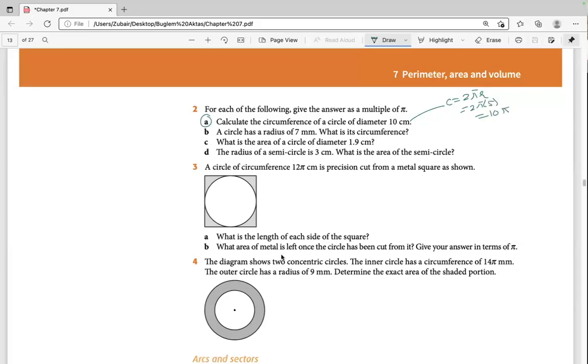So 10 pi. Correct. B part says a circle has radius 7 millimeters. What is its circumference? 14 pi. Correct.